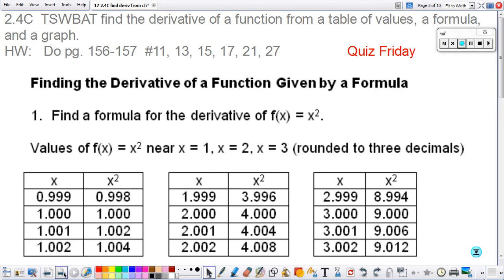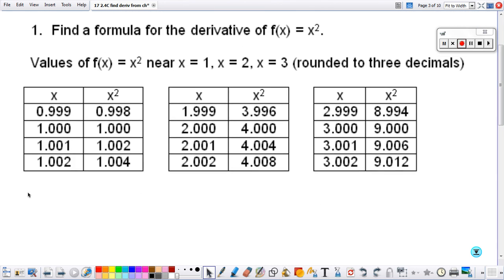Okay, so now for page 16, we're going to start finding the derivative function. To review, if we are given tables of values, or if we find tables of values, if they weren't given to us, we can calculate the slope at 1. So here's the values for 1. So I would find the slope.